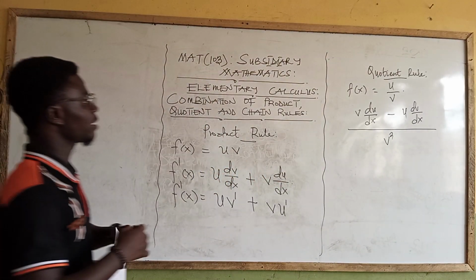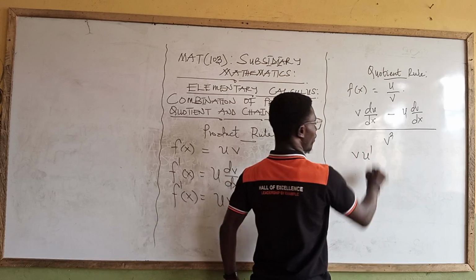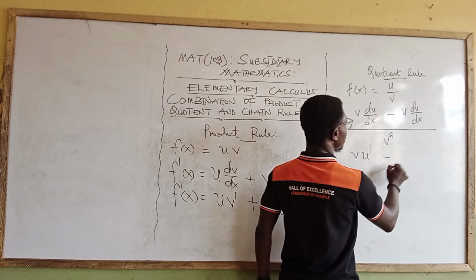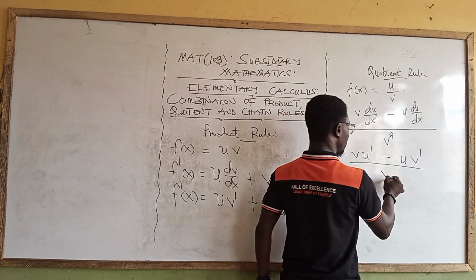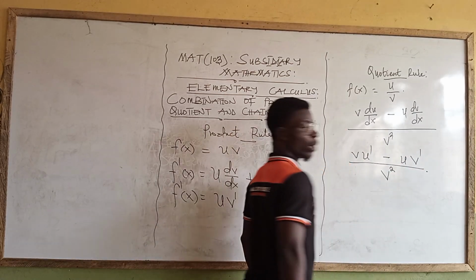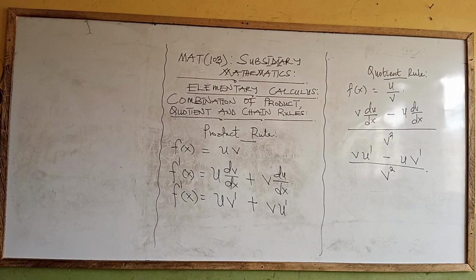So we can write it as v u prime minus u v prime, all divided by v squared. So this is the quotient rule formula.